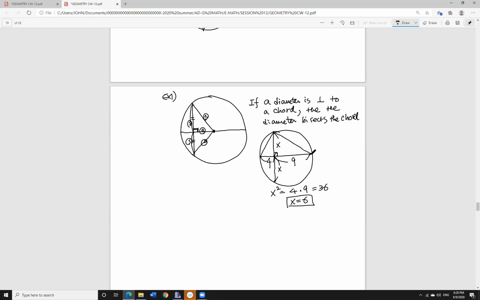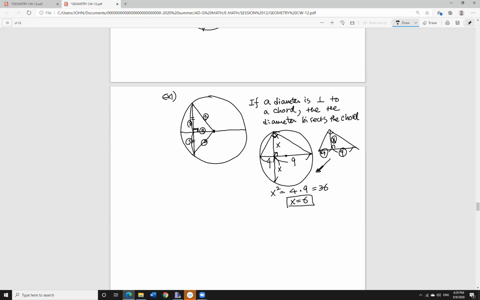And this is the same as the right triangle proportion, right? This is a right angle, isn't it? Because the triangle is built on the circle over here, on the diameter. If this is x, this is 4, this is 9, x squared is 4 times 9, same as this one.